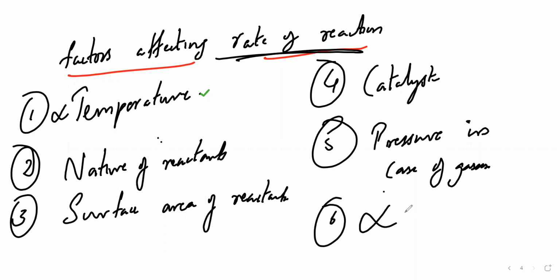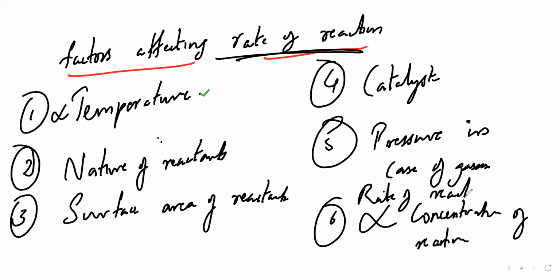I can put directly proportional to concentration also. I'll write down here, rate of a reaction is directly proportional to concentration of reactants, correct? Directly proportional to temperature, directly proportional to the surface area of the reactants, correct?